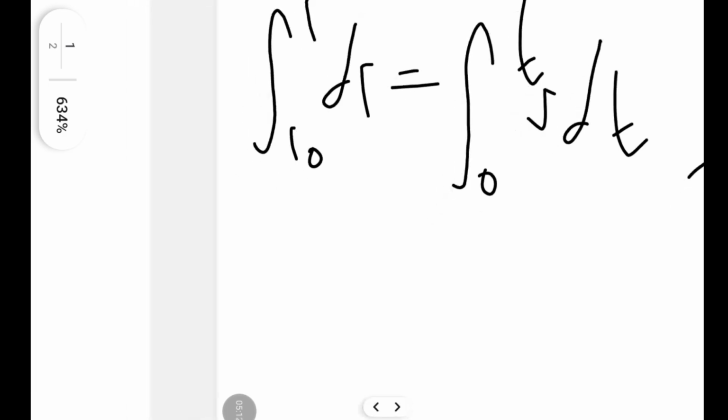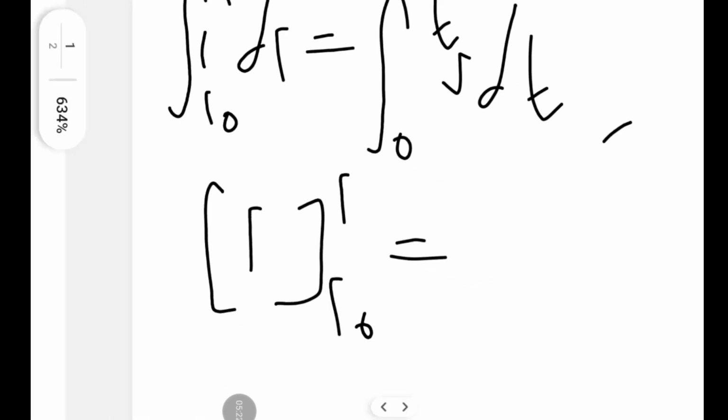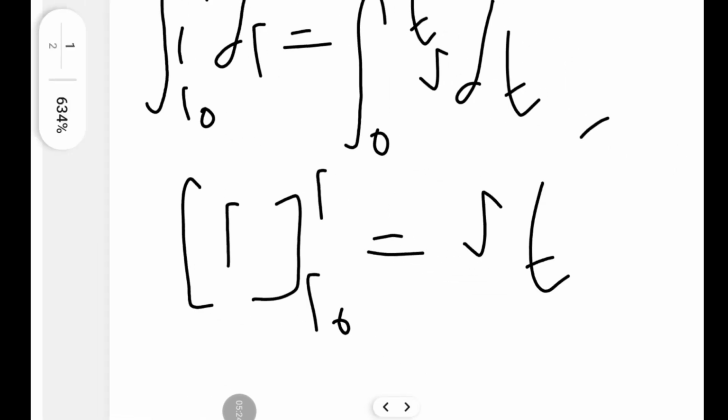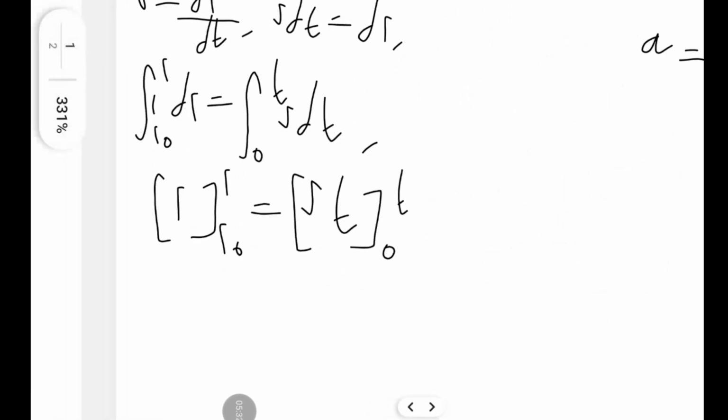Now when we integrate that, we get it into this form, because the integral of dr is just going to be r. R is going to equal vt, because that's vt between 0 and time. That's quite simple.